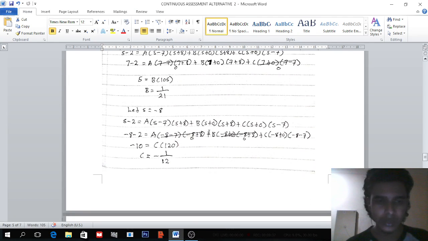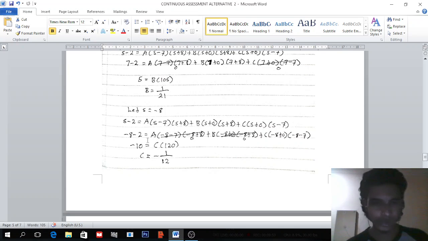Okay, next we need to let s equal 8. So s minus 2, A(s minus 7)(s plus 8), plus B(s plus 0)(s plus 8), plus C(s plus 0)(s minus 7).